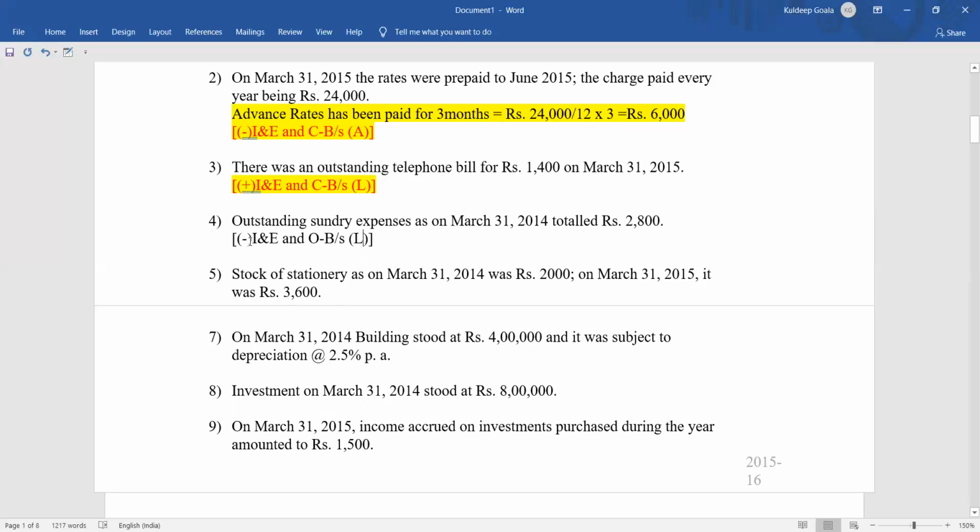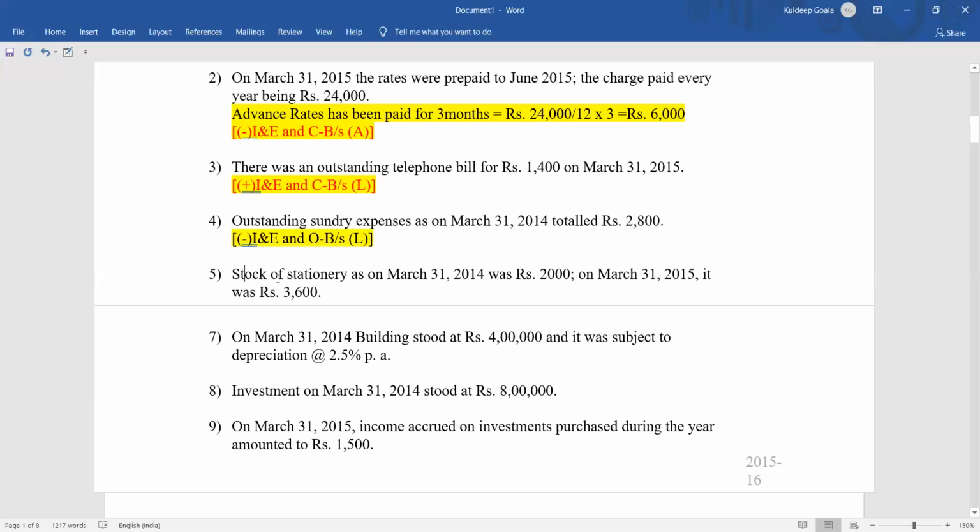Once it will be deducted from the income and expenditure account because it is related to last year, it will appear in the opening balance sheet liability side because it is last year's liability. I hope all of you have understood this point.